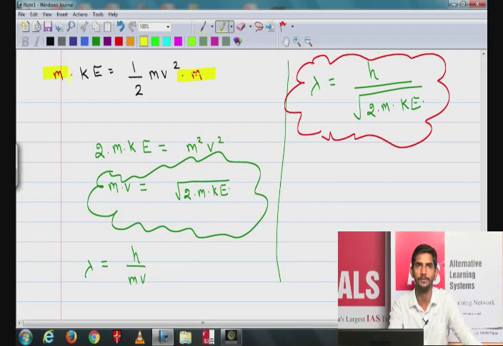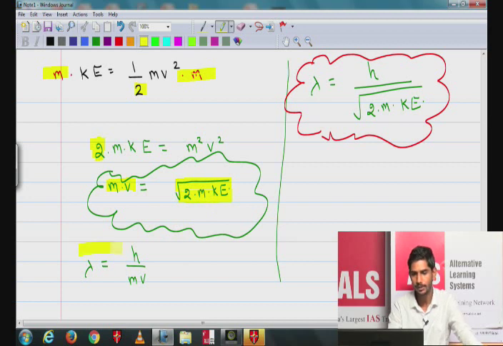According to mathematics, if I make the same operation on the LHS and the RHS, there will be no net change. So I put this 2 here. What will I get? 2 into m into kinetic energy is equal to m into v square. Now I have taken the square root, and I'll get mv is equal to under the root of 2 into m into kinetic energy.